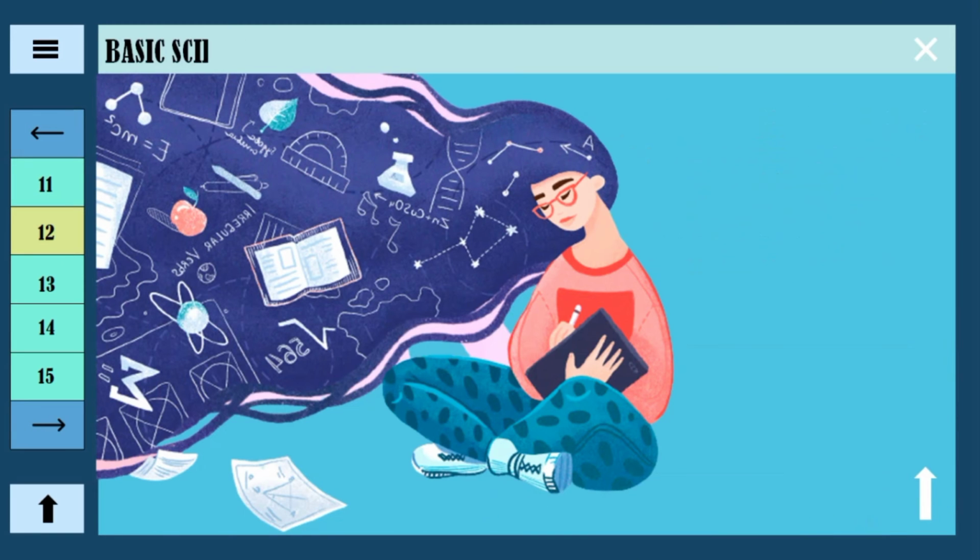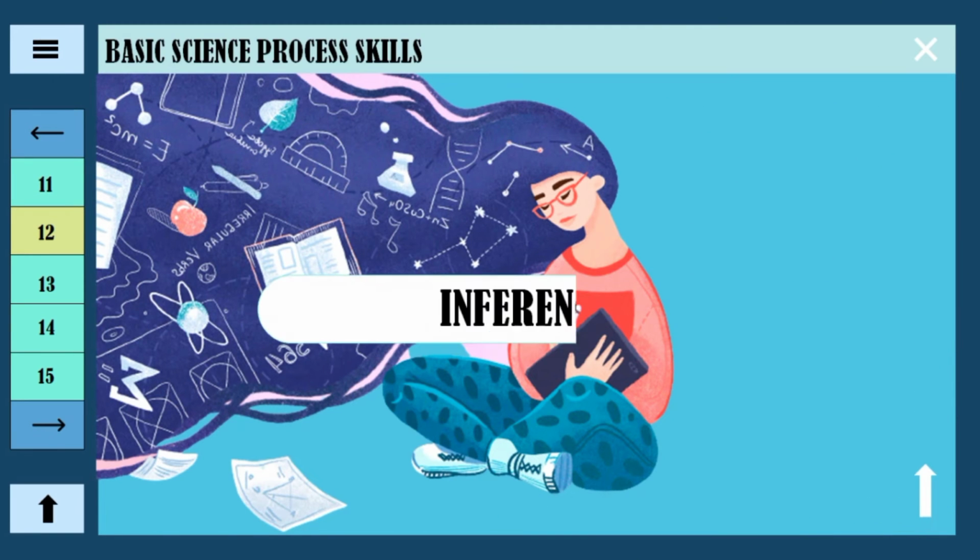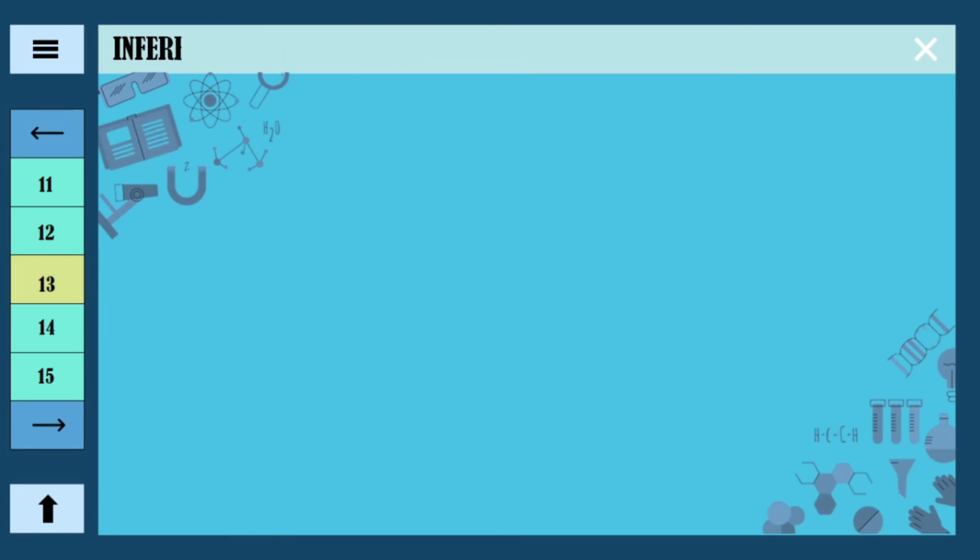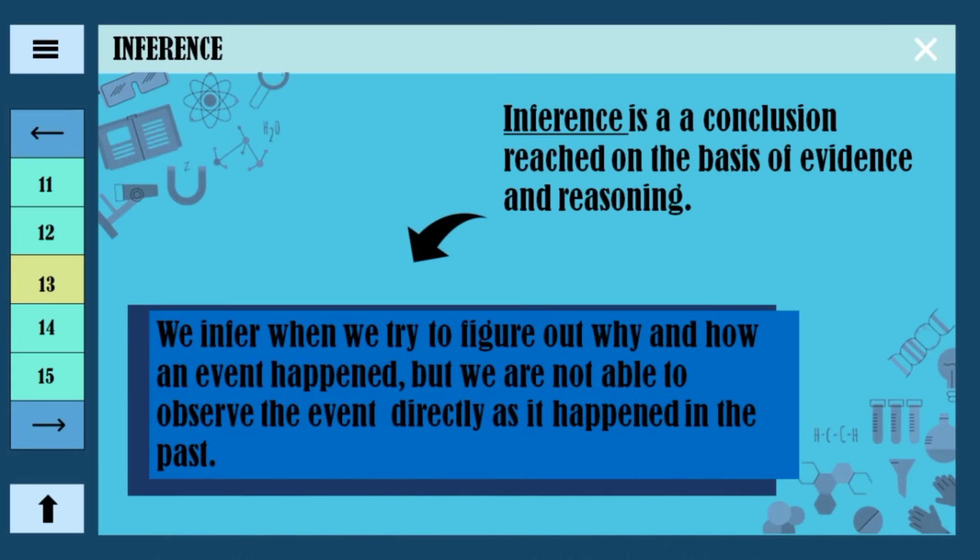And now, let's proceed to the next science process skill, which is inference. Inference is a conclusion reached on the basis of evidence and reasoning. We infer when we try to figure out why and how an event happened, but we are not able to observe the event directly as it happened in the past.